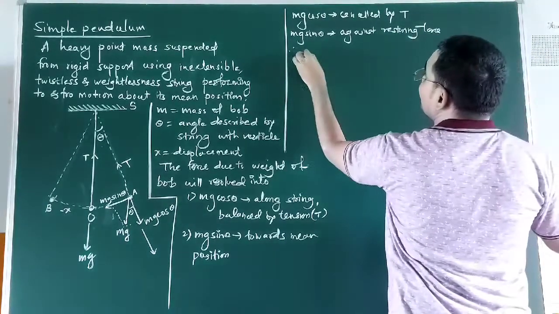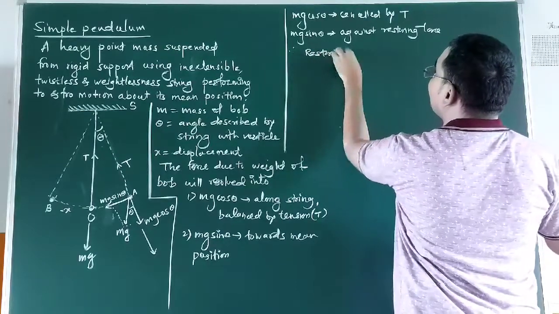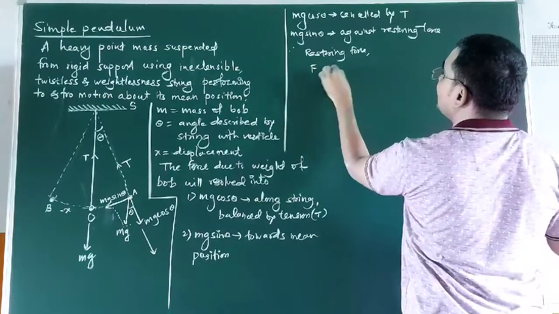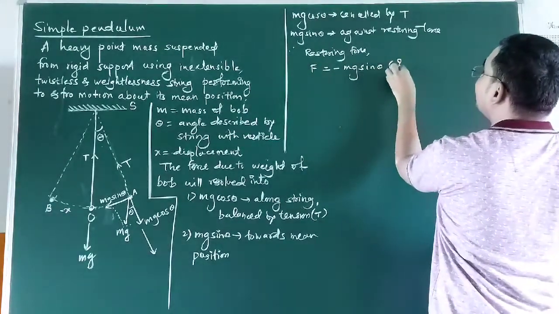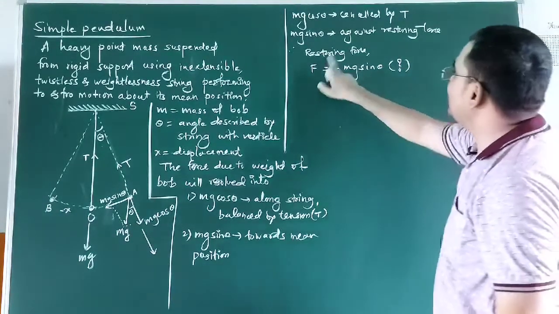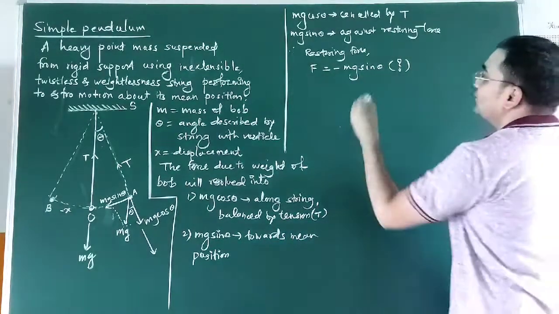So if I say the restoring force F is equal to minus mg sin theta, can we say like that? Just think about this. That's why I have marked a question there. Restoring force can be F equal to minus mg sin theta. Why? Think on this.